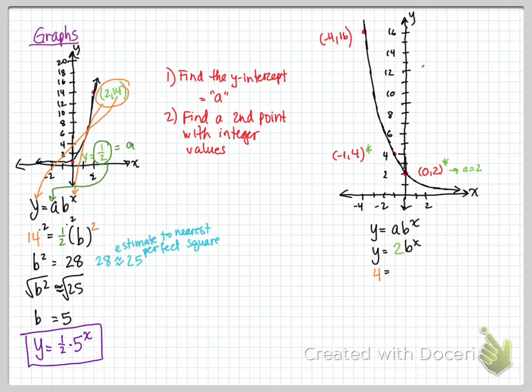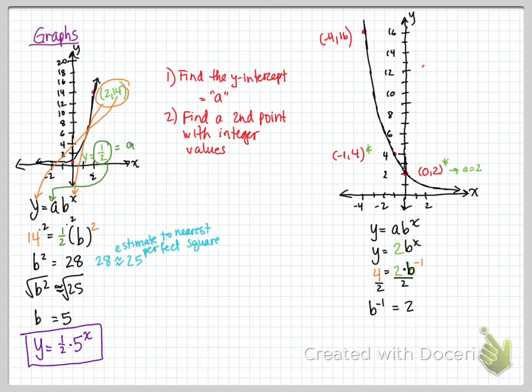We still have the 2 for the a, the b is still b, and the x is going to be negative 1. The first thing we want to do is get the b alone, so we divide by 2, use the symmetric property, and we have b to the negative first power equals 2.